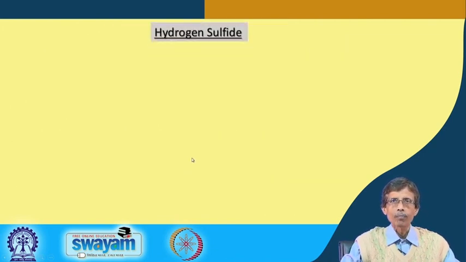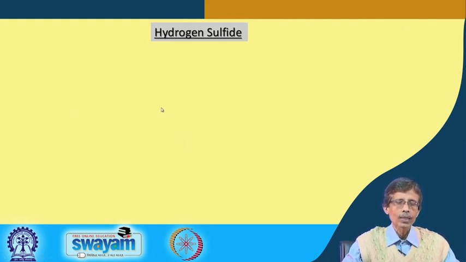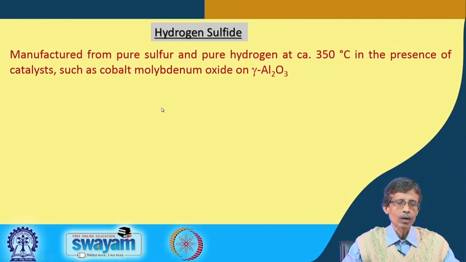Then we take the example of a very old and well known molecule, hydrogen sulphide gas, H2S. We know sulfur is in our hand, and from sulfur we get sulfuric acid and all other sulfur bearing compounds. That was an oxidation process: for making sulfuric acid, we oxidized sulfur to sulfur dioxide and then to trioxide.